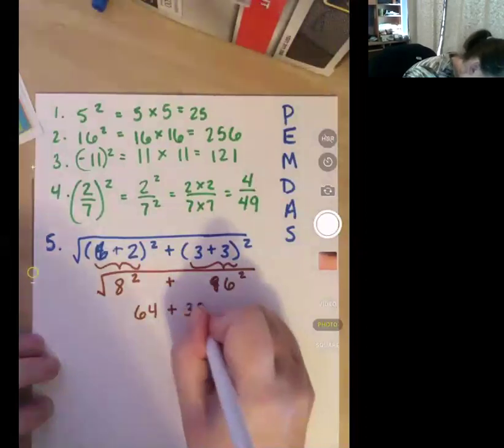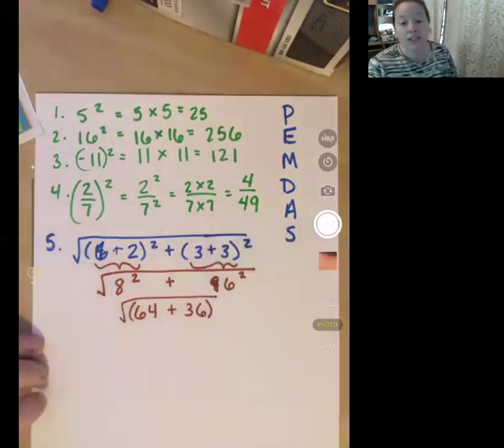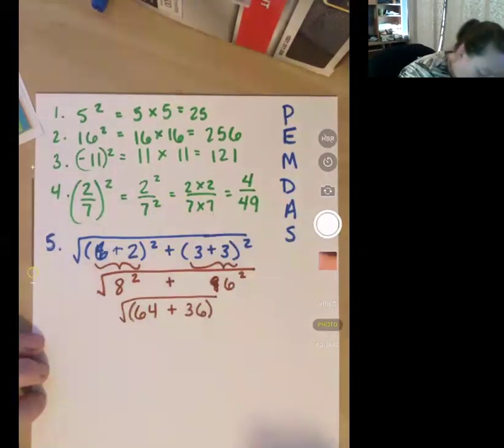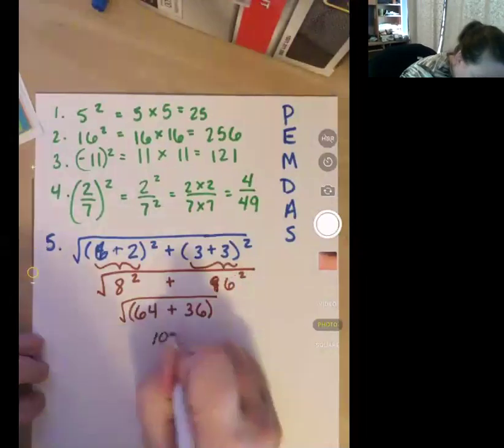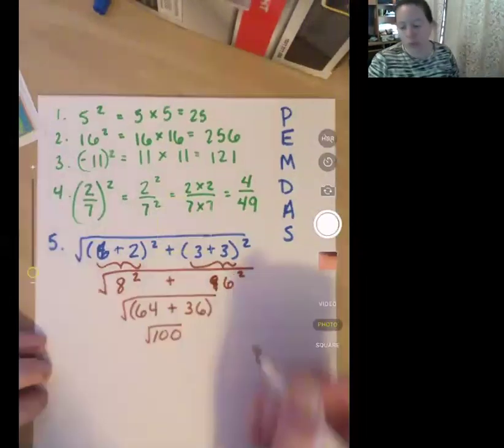Whole of this, under the square root sign, 64 plus 36 is 100. The square root of 100.